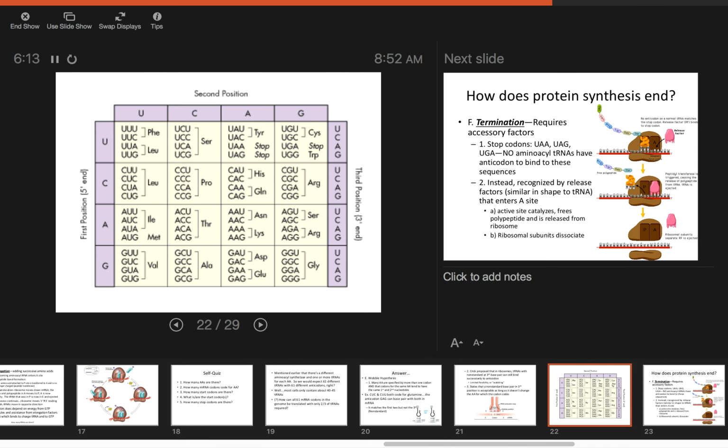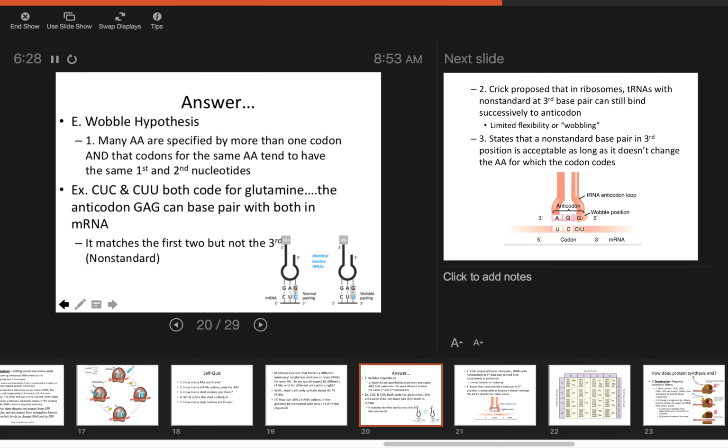UUA and UUG, which are both purines, code for leucine. This one, if it was CC, no matter what, it was going to be proline. So maybe you noticed that for your assignments. Well, that all has everything to do with the wobble hypothesis. Many amino acids are specified by more than one codon. What did we call that term?